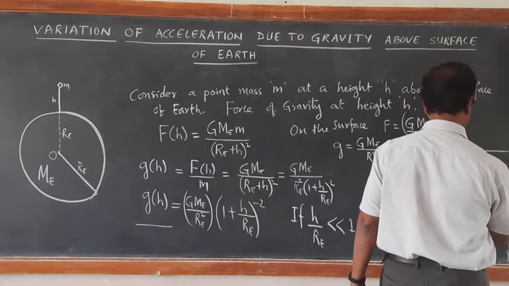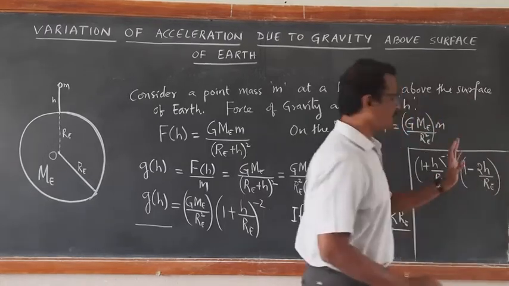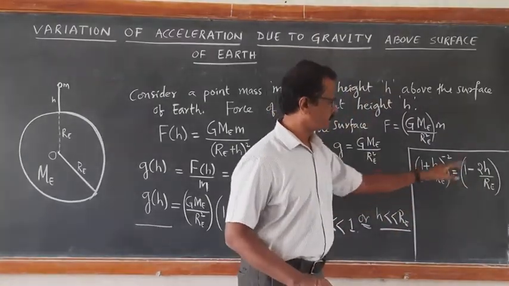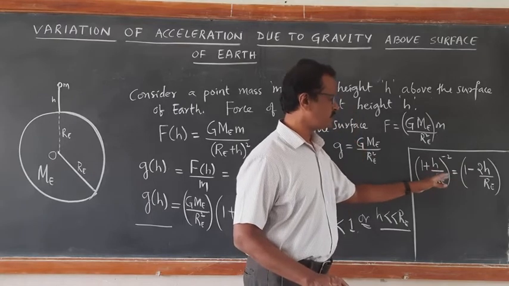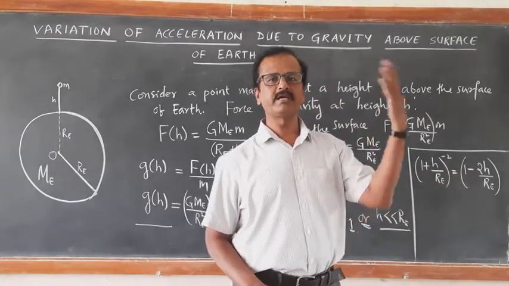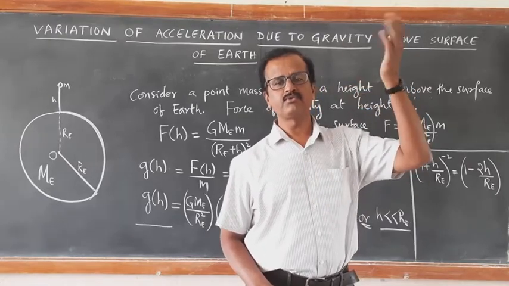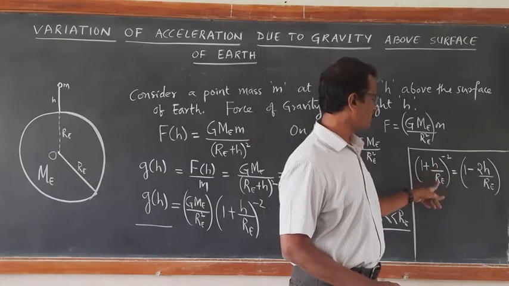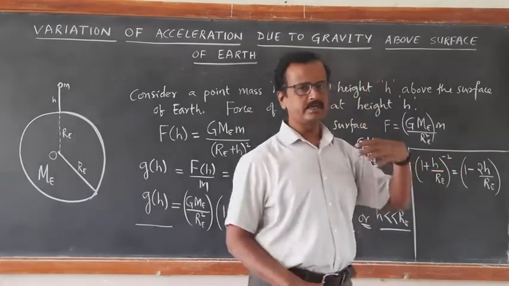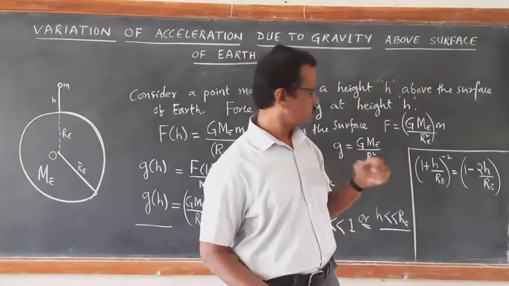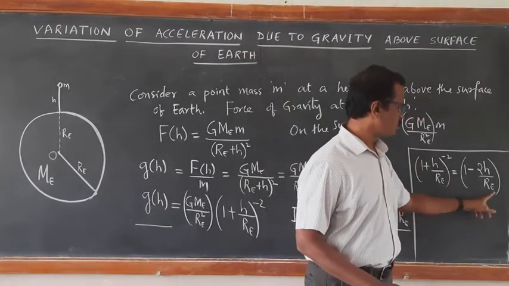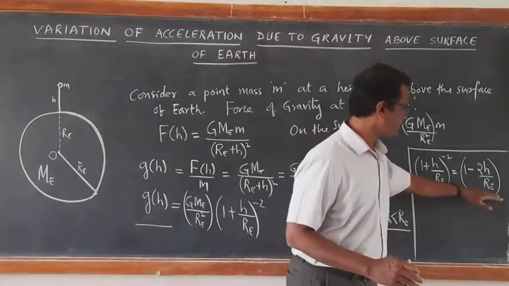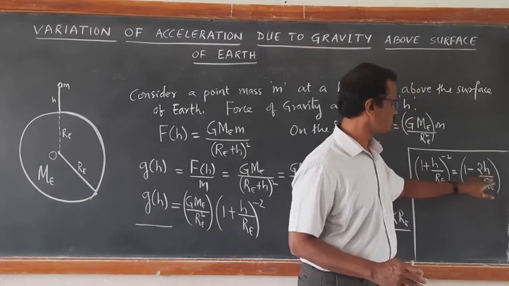Remaining higher order terms are neglected. The remaining terms will be of the order of h upon Re raised to 2, h upon Re raised to 3 and so on. So we make use of only the first two terms of the binomial theorem, and we get 1 minus 2h upon Re.